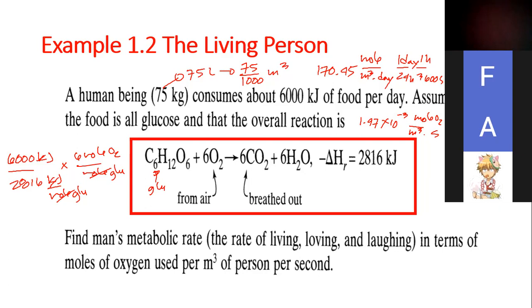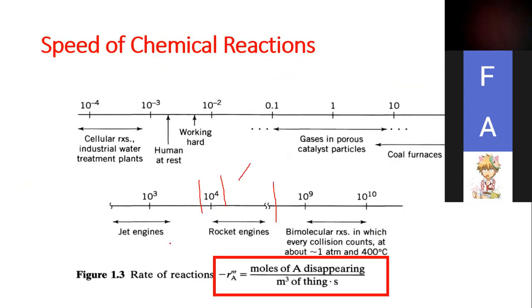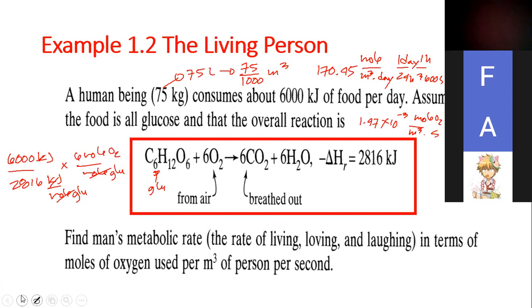Slow. Let's go back to the chart. You got the calculation, it's simple, right? This was our rocket earlier, and this is the cellular reaction, 10 to the minus 3. That slow. And for the rocket, 10 to the 4. Do you have any question regarding these problems?